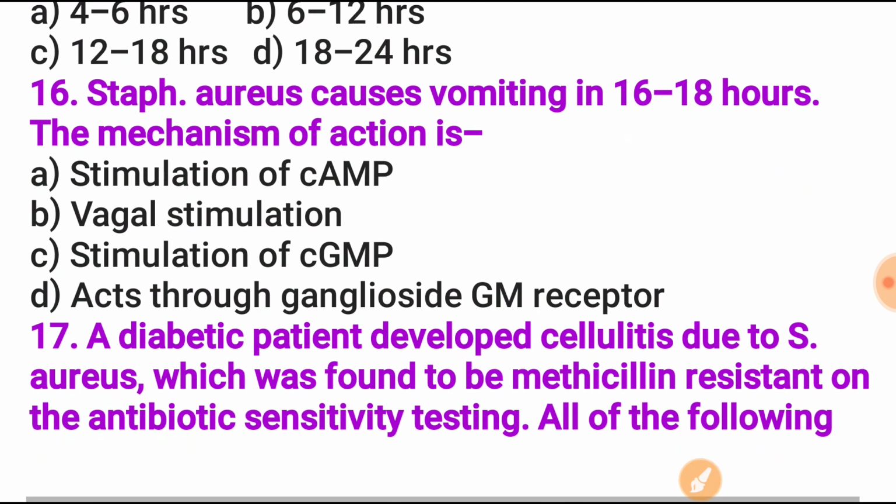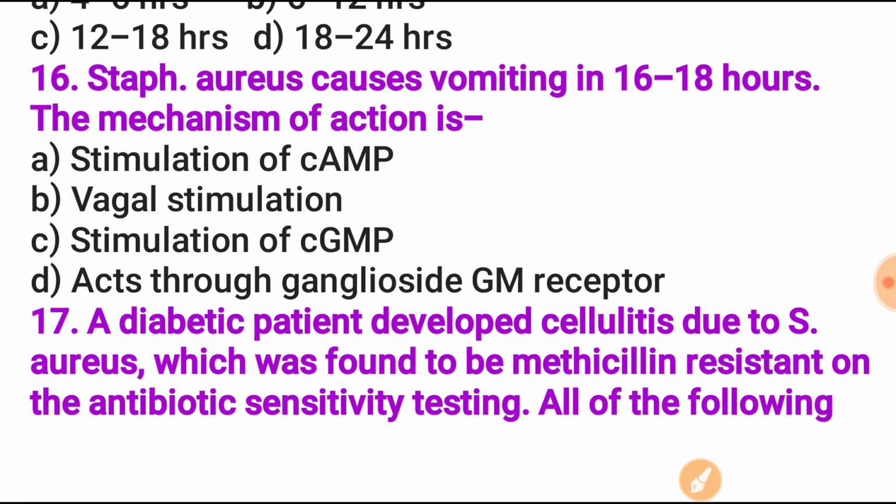Next is Staph aureus causing vomiting in 1 to 6 hours. The mechanism of action is vagal stimulation. I am not going to detail the options, I am asking about the right option.